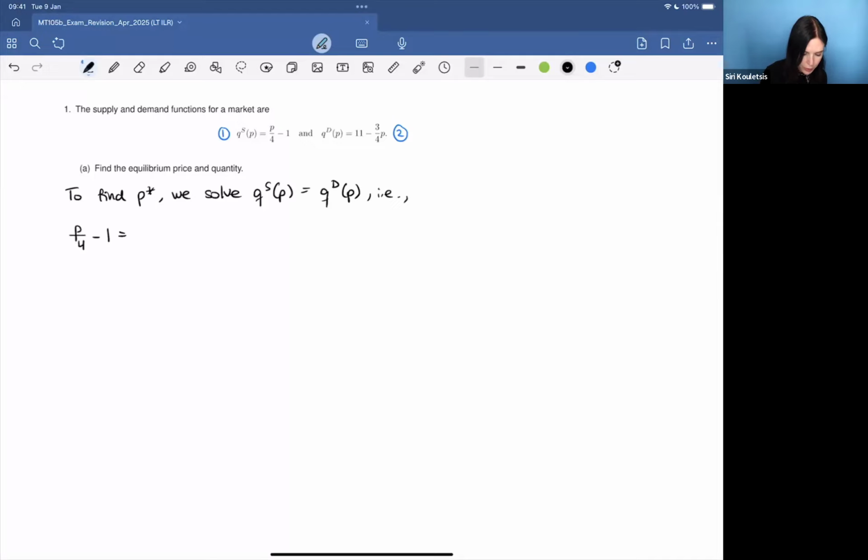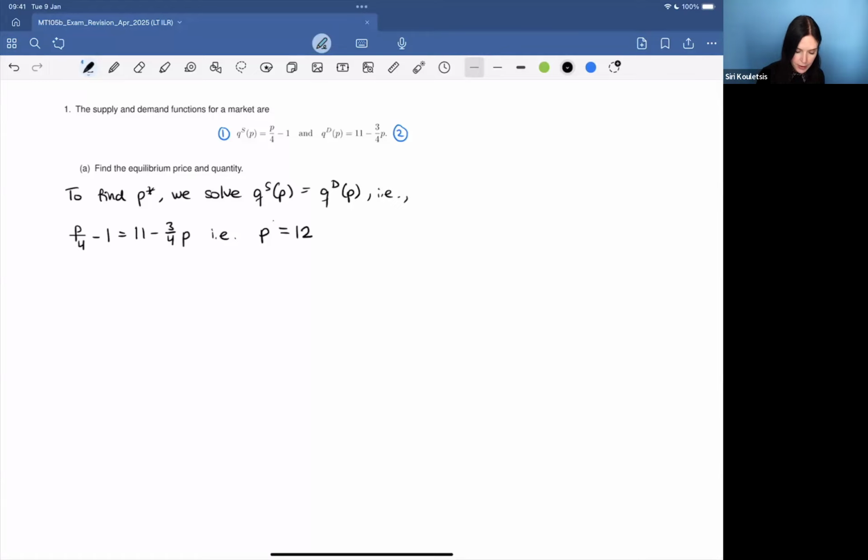So equating the two expressions for Q as follows. We see now that if we add 3/4 P to each side of the equation, or if you like, send minus 3/4 P to the other side, P becomes the subject on the left-hand side, and then adding 1 to both sides of the equation gives us 12.